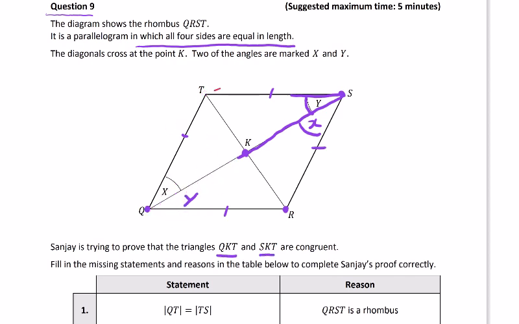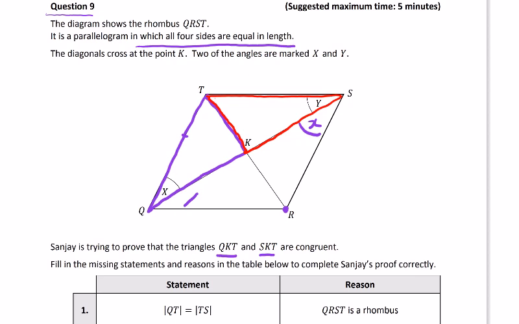Well, let me mark them and get rid of all this. QKT and SKT. Just so we can see them again, you draw this out again, and SKT, I'll just do it in a different color. Trying to prove that these triangles are congruent. Make this a double line.